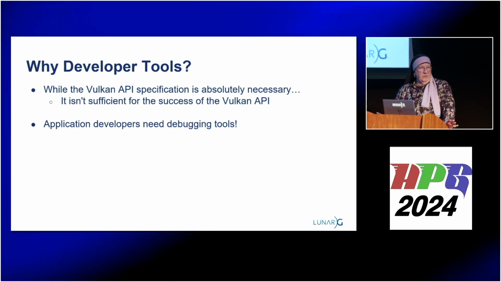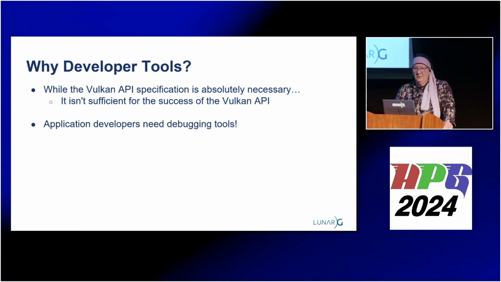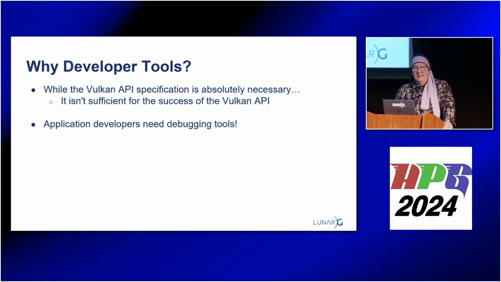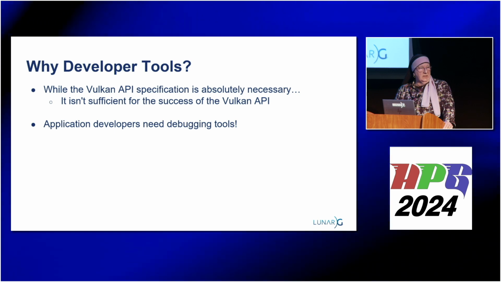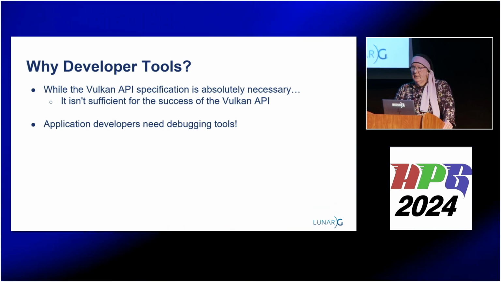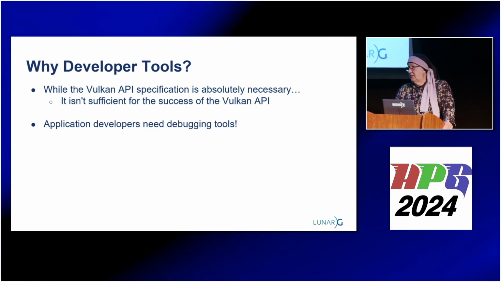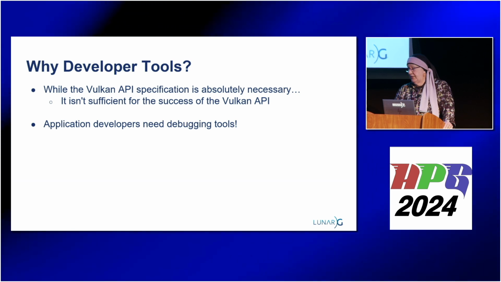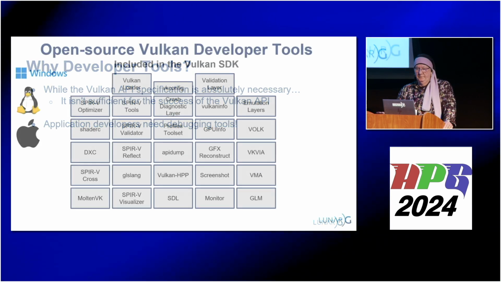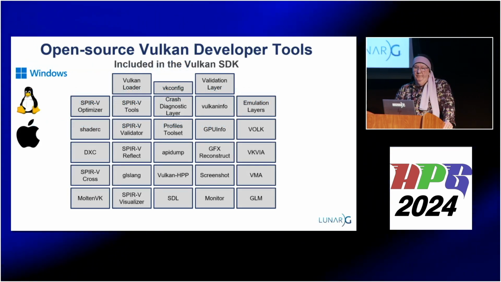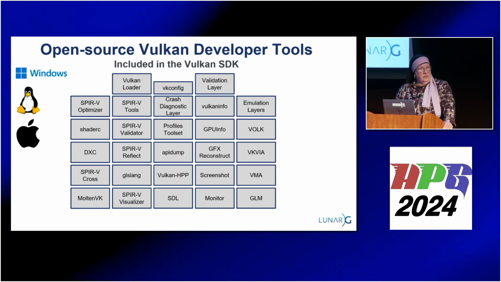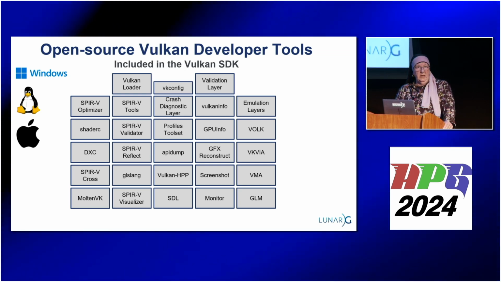So the Vulkan specification, absolutely necessary, but it's not sufficient for the success of the Vulkan API. Application developers need debugging tools to help them with their application development. There are a lot of developer tools available in the ecosystem today.